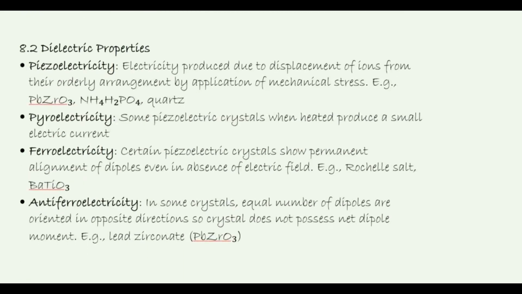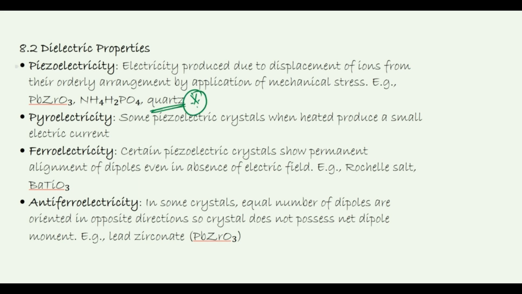Then dielectric properties. The first one is piezoelectricity, where electricity is produced due to the displacement of ions from their orderly arrangement by application of mechanical stress. Quartz is an example of the piezoelectric property, which is very important.